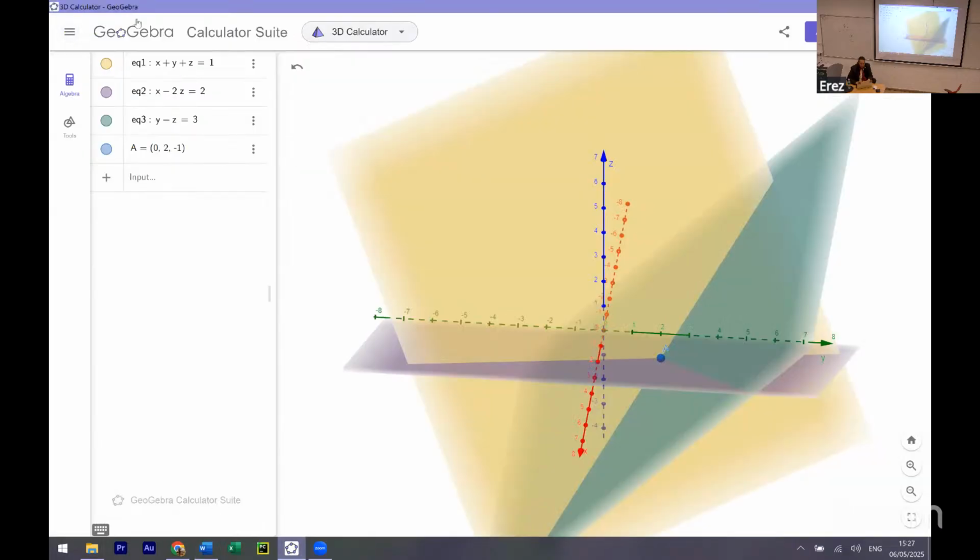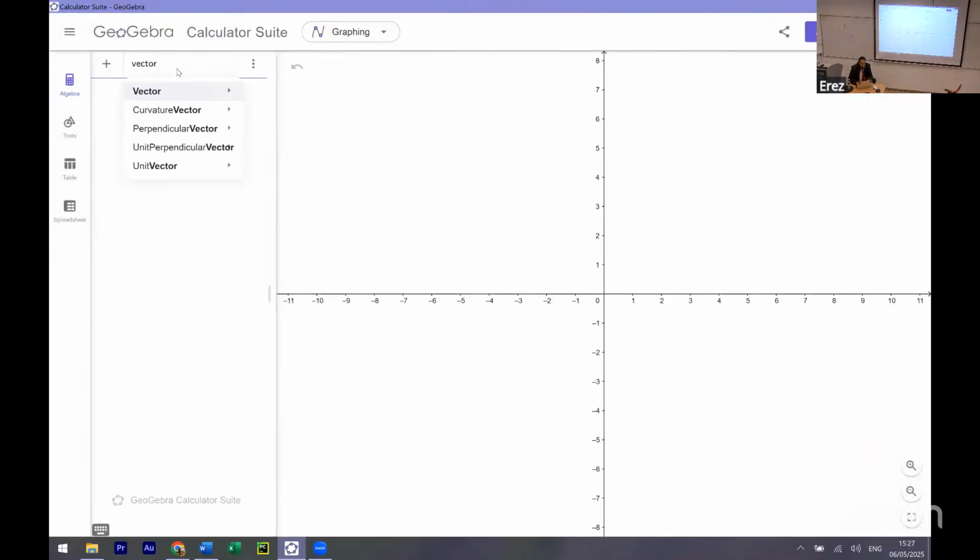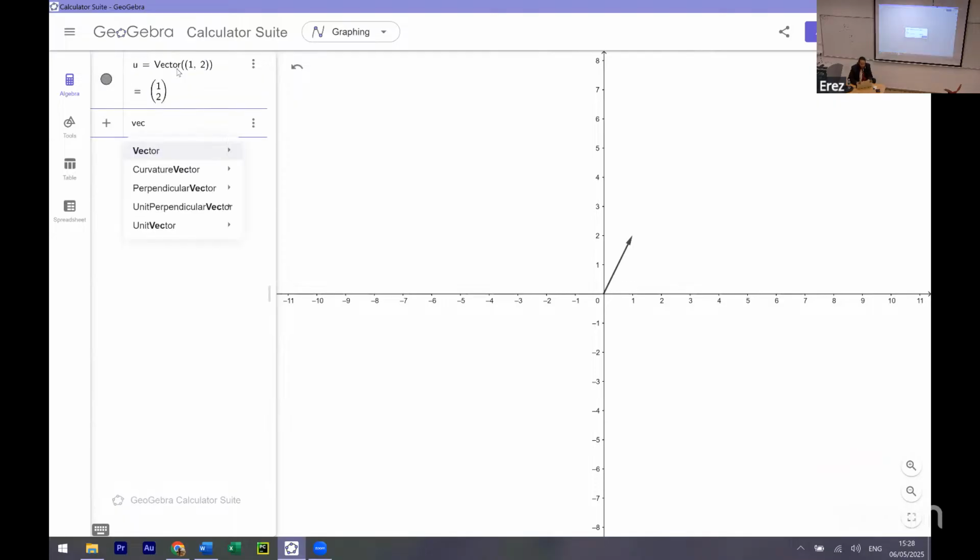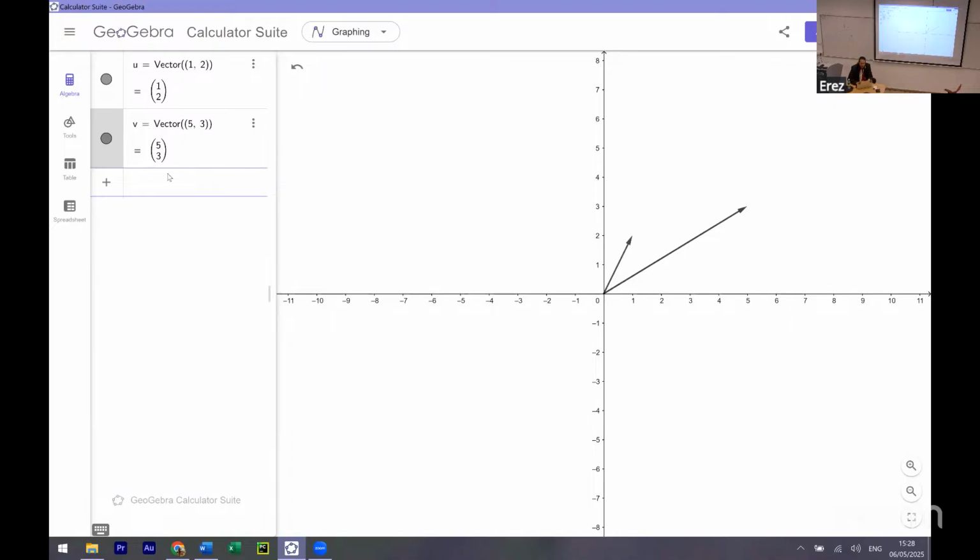So I do wish, as Sammy said, to show you that it also has a geometric interpretation. So one vector is (1, 2), and the other vector was, what was it? (5, 3). All right. So the summation, the addition, is (6, 5). And what does it mean geometrically?